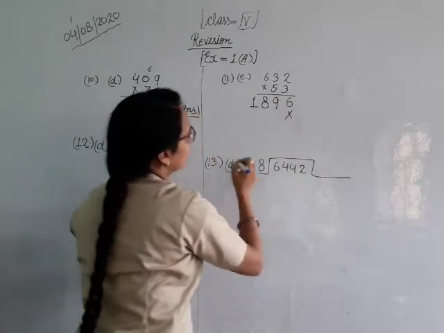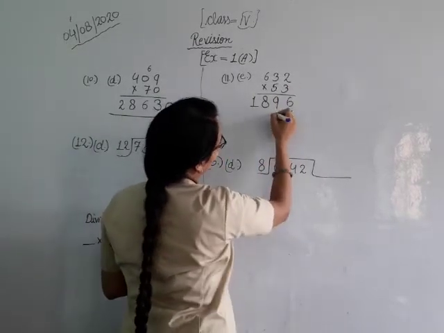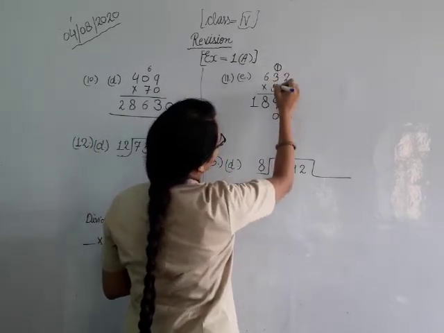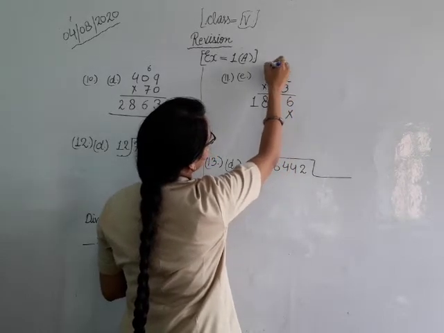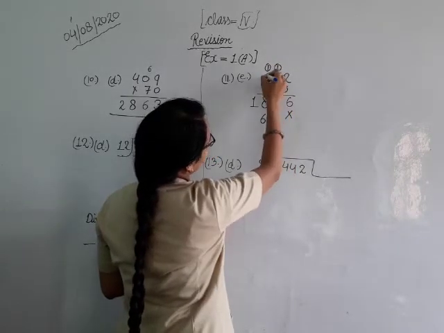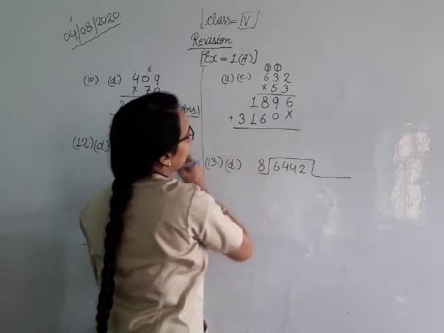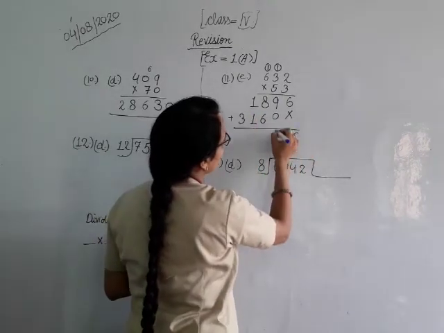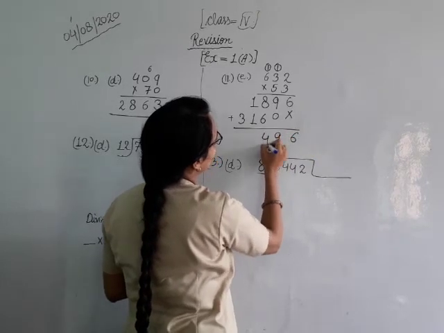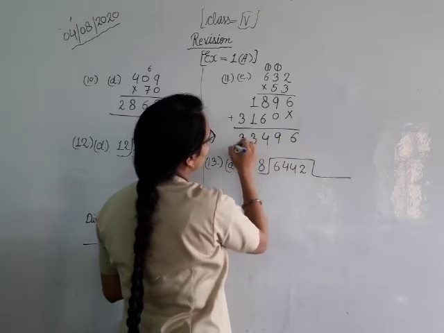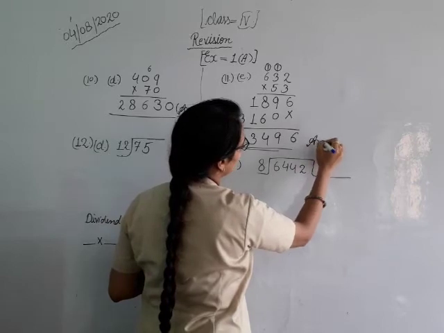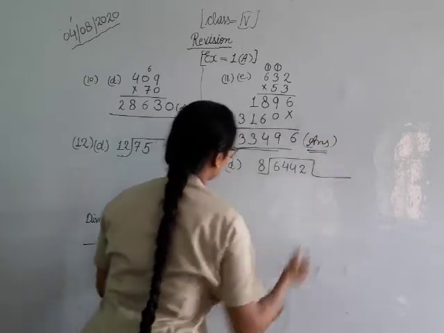Put here a cross. 5 2s are 10. Put here 1. 5 3s are 15 plus 1, 16. And 5 3s are 30 plus 1, 31. And finally add them. 6, 9, 14, 3 and 3. This is your answer. Okay.